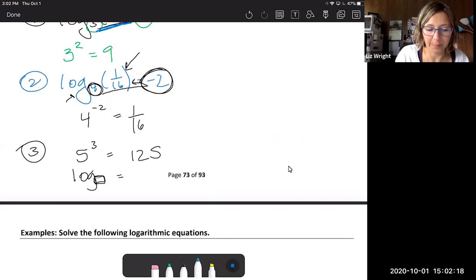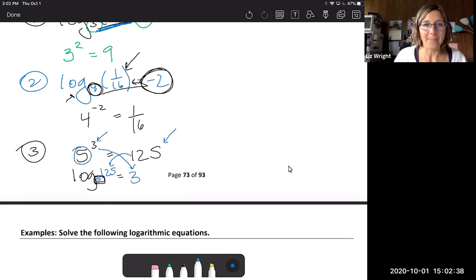It should be 5. This is your base. This is your exponent. This is going to be your argument, right? So here, we're going to do the 5 here as our base. The 3 comes over here to this side. The 125 comes over here to this side. So it's going to be log base 5 of 125 equals 3.